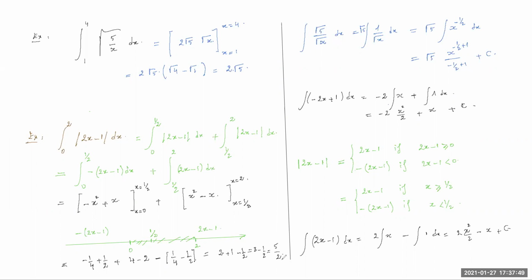So this is how you approach each situation, and you know what you are looking for, an antiderivative. The difficulty is related to the absolute value. We needed to work on it first.